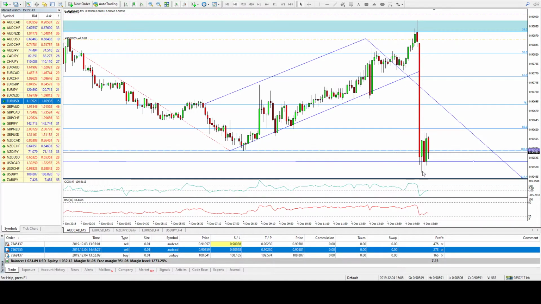I'm going to go back to 5 minutes. It's trying to stay below the support. This is our support at 90.56. The buyers are pushing it. The buyers are really trying to get in, and most of it is some of the profit takers, but lots of sellers are getting into the market right now.